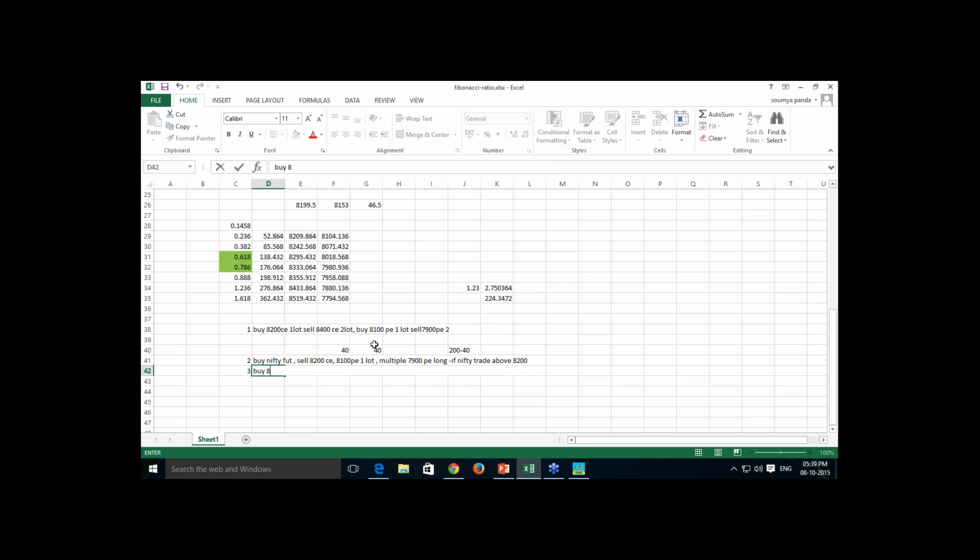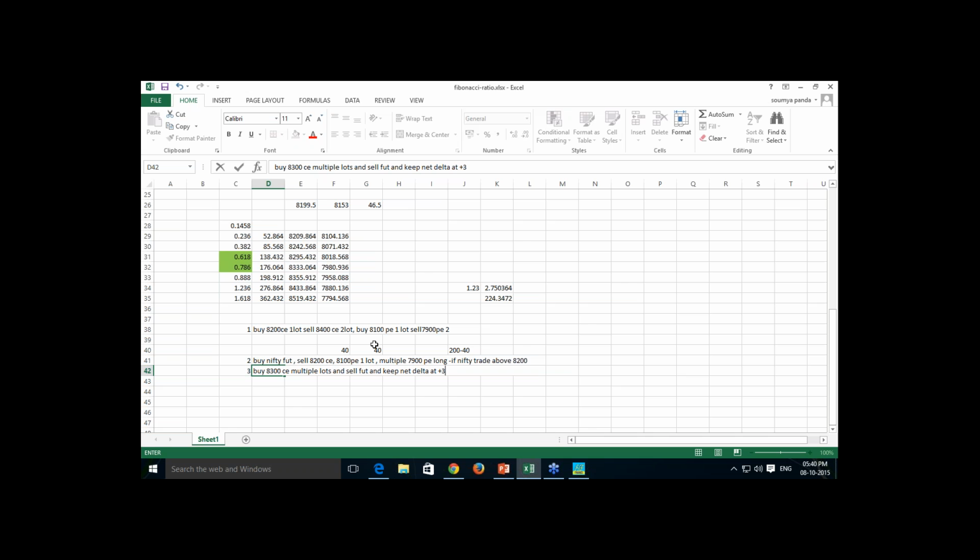Buy 8300 call option, multiple lots and sell future, and keep net delta at plus 3%.